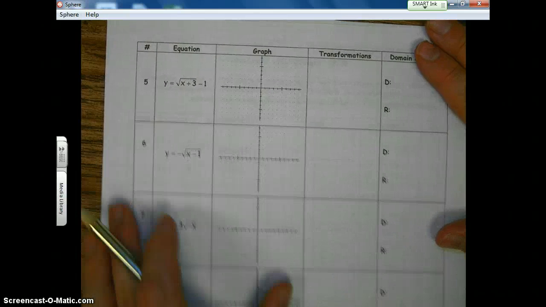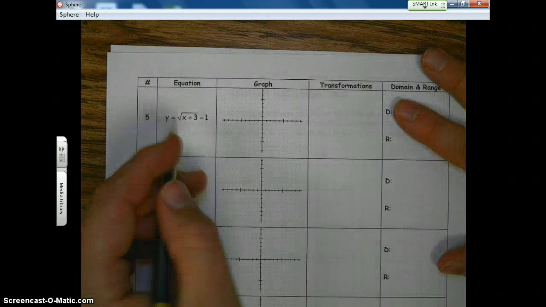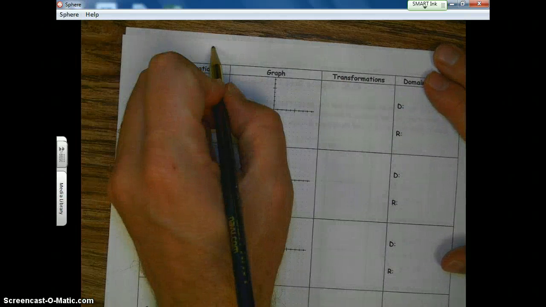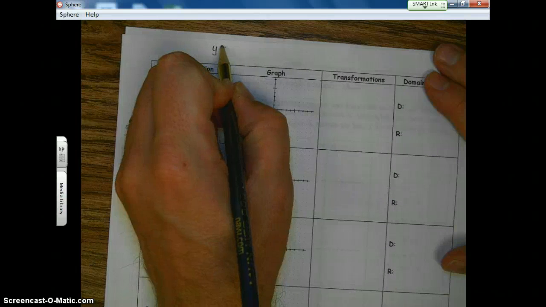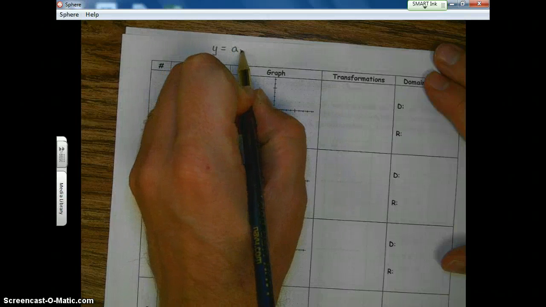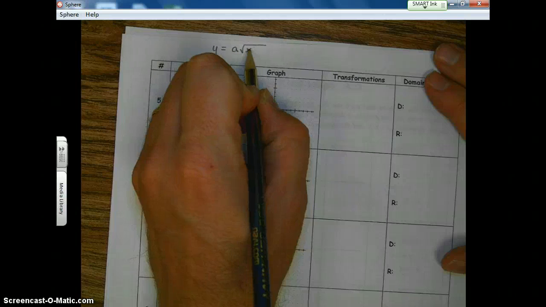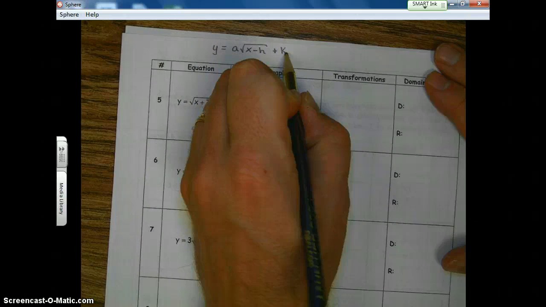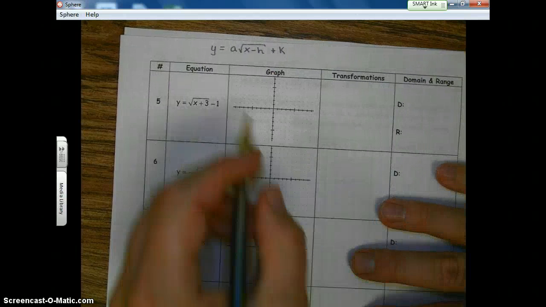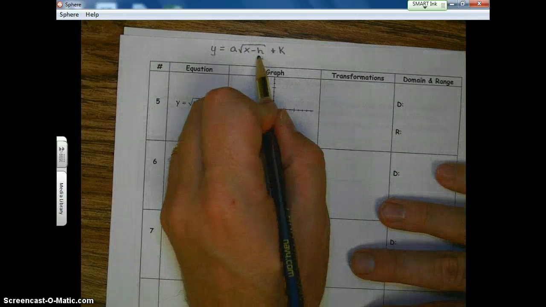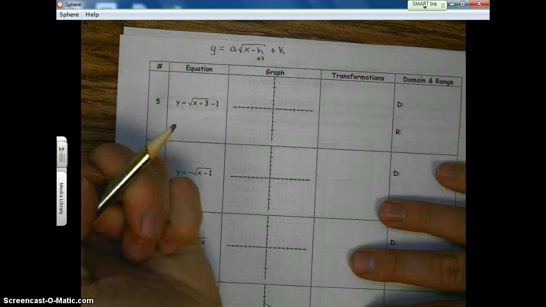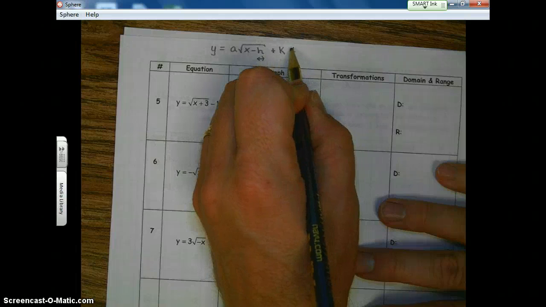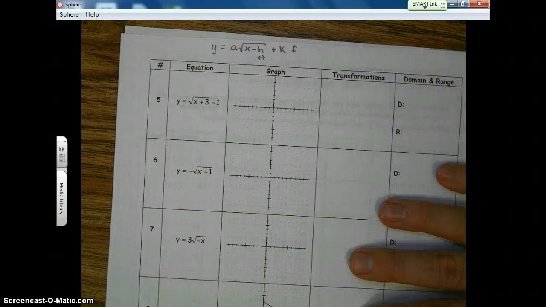So first of all, let's remember that the parameter changes for square root functions go like this: y equals a times the square root of x minus h, plus k, where h is our left and right translation. K, the number on the end, is our up and down translation.